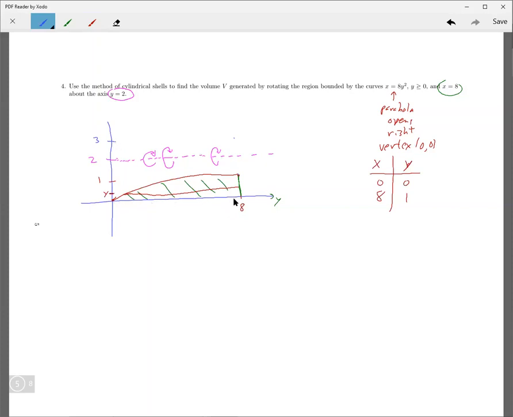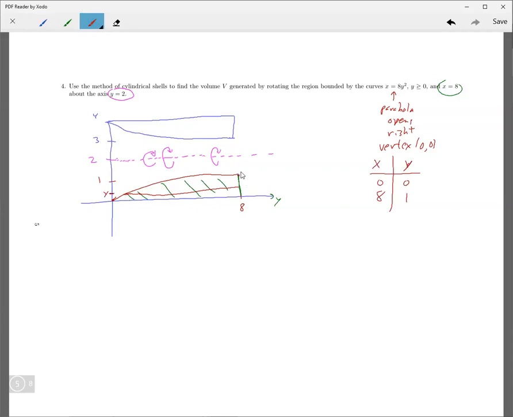This bottom part gets rotated all the way up to 4. So you're basically going to get something that looks like this but it's rotated around, okay?